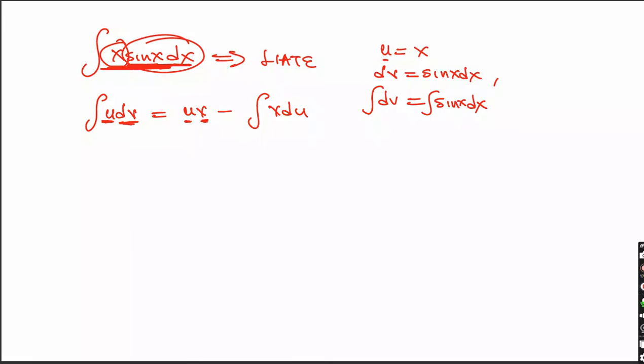So now the thing that you need to remember here is that the integral of dx is just x. So the same applies, the integral of dv is just v. So you say v is equal to the integral of sine x dx. What is the integral of sine x?